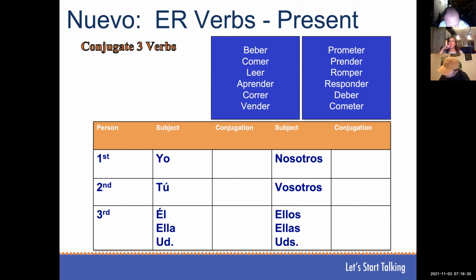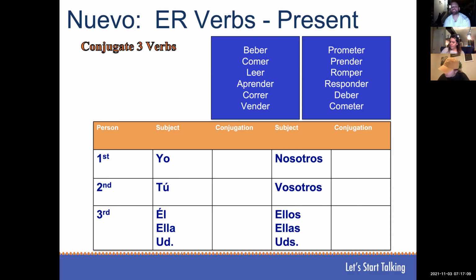Romper, to break. Responder, to answer or to respond. Good. Deber, to owe, like to owe money. And then we also use this to say should do something, right? Cometer, to commit, like to make a mistake, to commit a mistake.